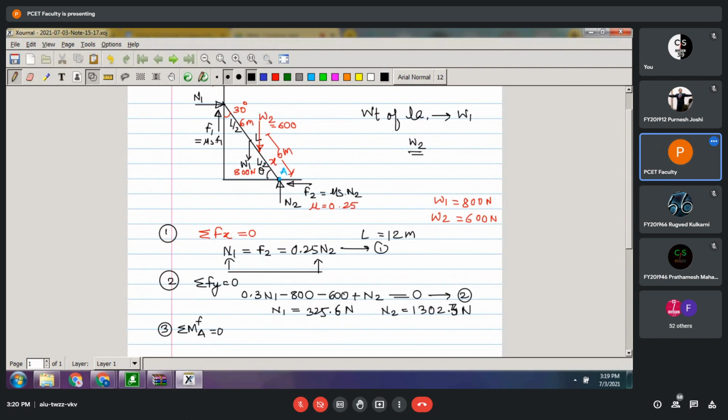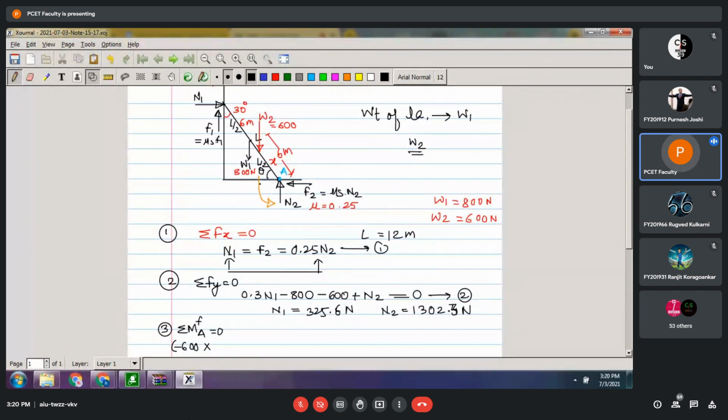Now the moment of W2, which is 600 newtons, about point A, what type of rotational effect will it create? Anti-clockwise. So you should write it with a minus sign. It is minus 600 into. Now this perpendicular distance I require. I know that the angle with vertical is 30 degrees, so this is opposite to that.